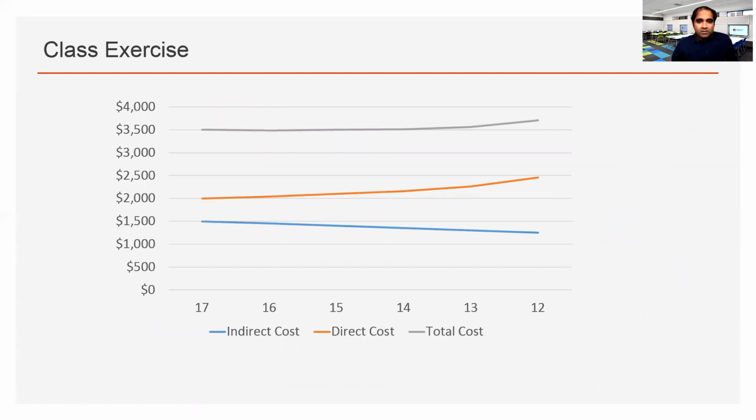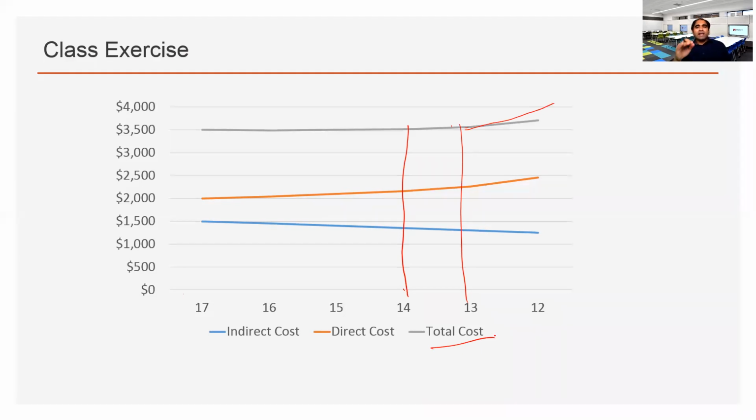So we can see if we have an option for B, from 14 days, the total cost will start to increase. 14, 13, from here, we can see that the total cost will increase.